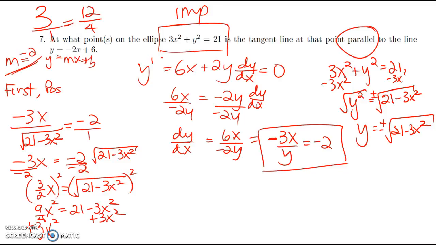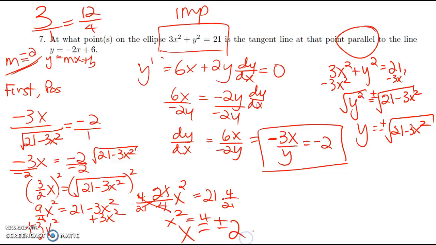So 12 over 4 plus 9 over 4 is 21 over 4 x squared equals 21. Interesting. Now solve for x squared. I'm going to multiply by the reciprocal. I need to get rid of that. x squared equals 4. Interestingly enough, x equals plus or minus 2.